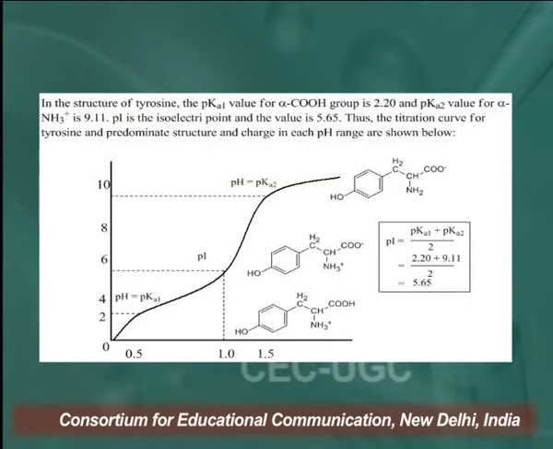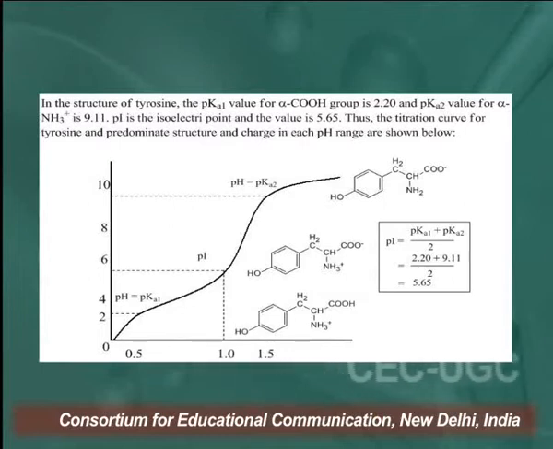Here you can see the titration curve. In the titration curve we find the isoelectric point of this amino acid, pKa1 plus pKa3, that is 5.65. So the isoelectric point of histidine is 5.65.